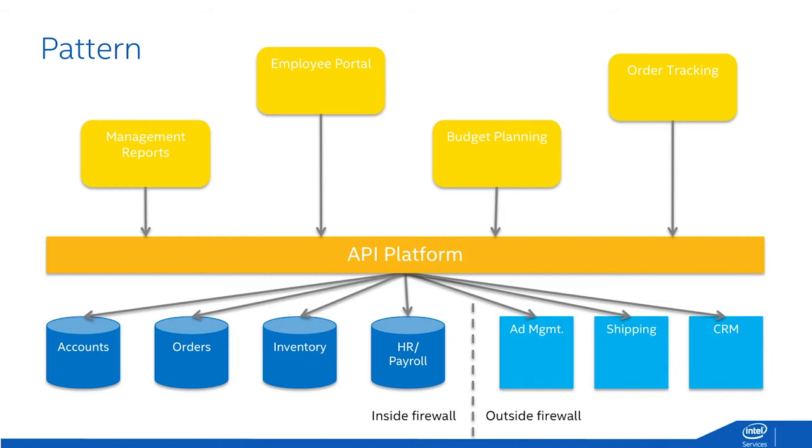And again, there's consistency in the way that the functionality is exposed. There's a common set of policies for access control, resource usage, and the full management support of the API.